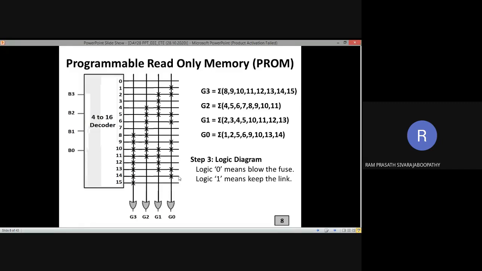See, I want to tell you one thing. In our mobile app, Logic Circuit Simulator Pro, you have the PROM, PLA, PAL. Fine. So you can work out those problems in the simulator also. Class work: there will be a table provided.